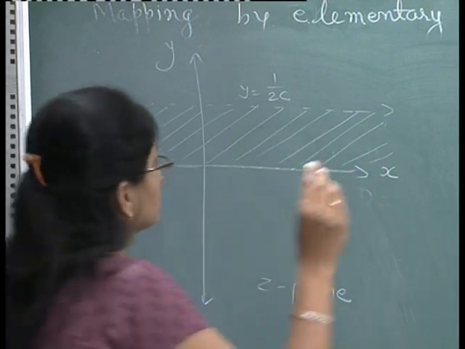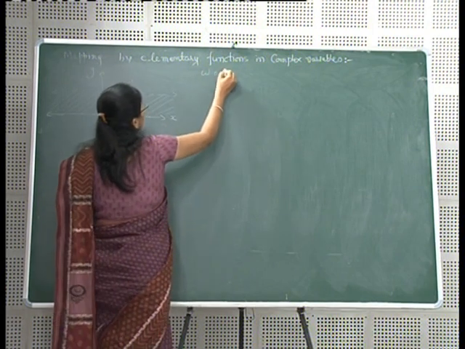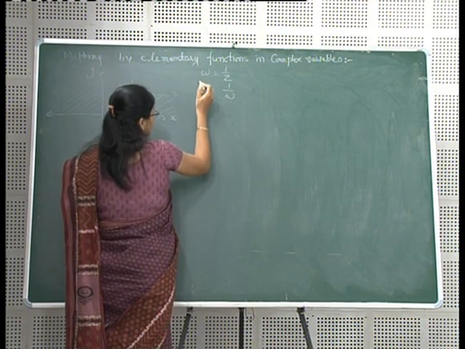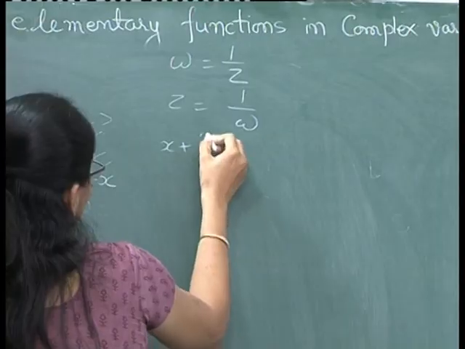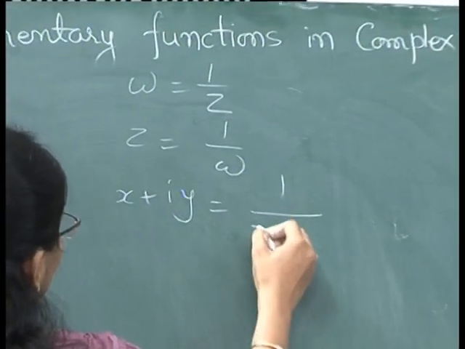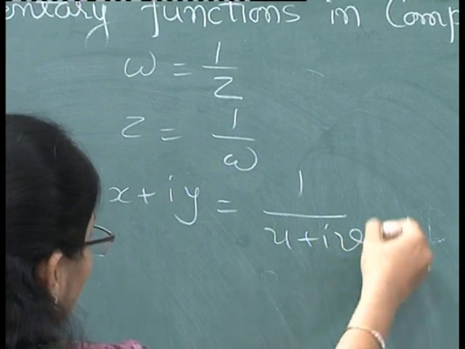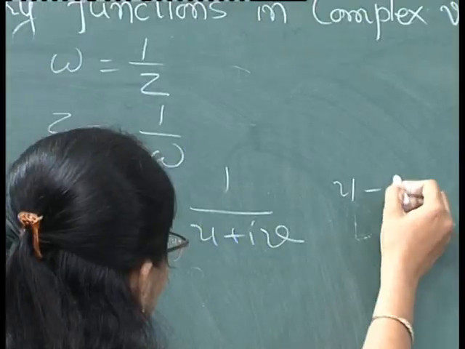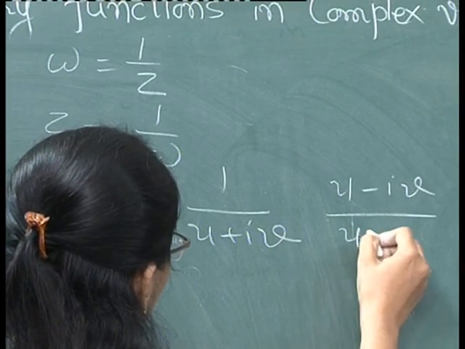Now we know w is equal to 1 upon z, and so z is equal to 1 upon w. z is equal to x plus iy, w is equal to 1 upon u plus iv. And so multiply and divide by the complex conjugate of u plus iv, that is u minus iv upon u minus iv.